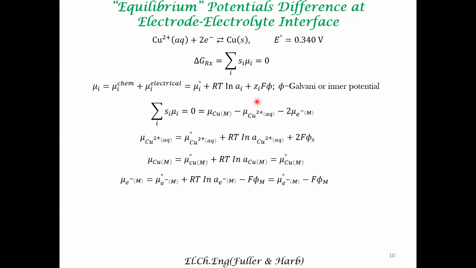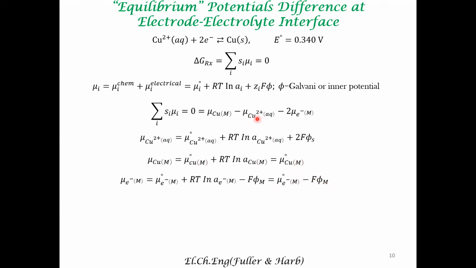I'm just implementing the charge here into this equation. Again, by convention, the activity of electrons in a metal is taken to be 1. Therefore, this quantity will be 0. Therefore, the electrochemical potential of the electron is this quantity minus F times phi m.